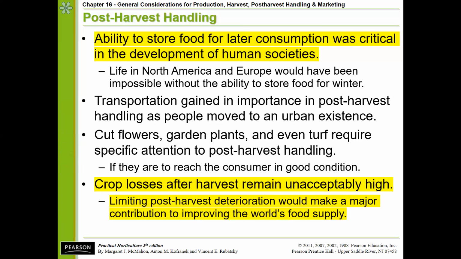And to this day, even with the advent of modern technology, we still have a lot of crop losses post-harvest. So that's an area of agriculture that is still being improved upon and needs a lot of attention. If we could limit post-harvest deterioration, then that would really be a boon to increasing the world's food supply and decreasing hunger, and really increasing the bottom line for farmers.